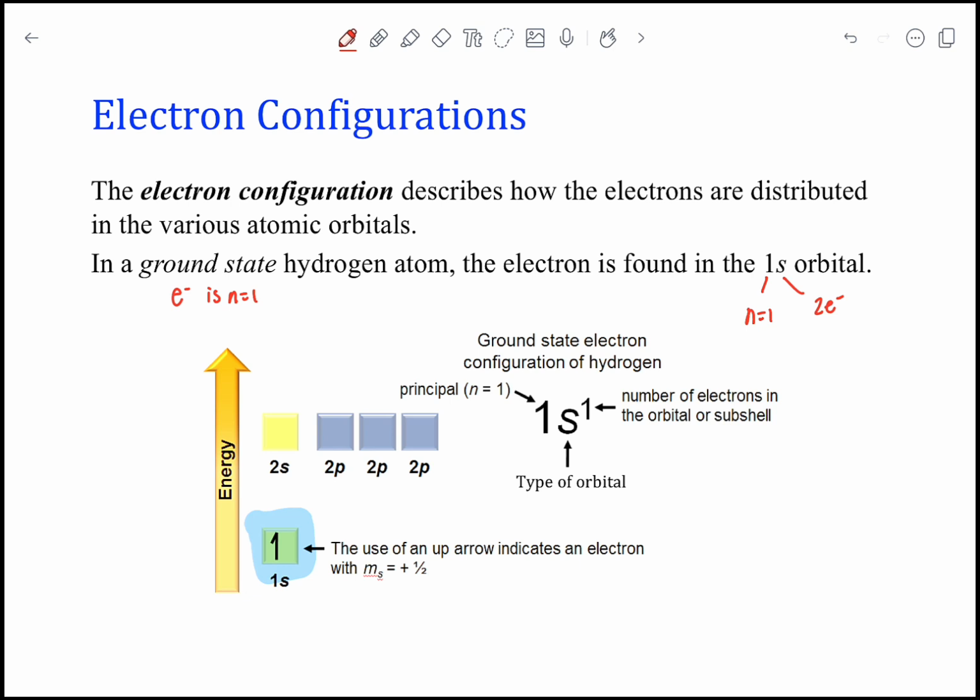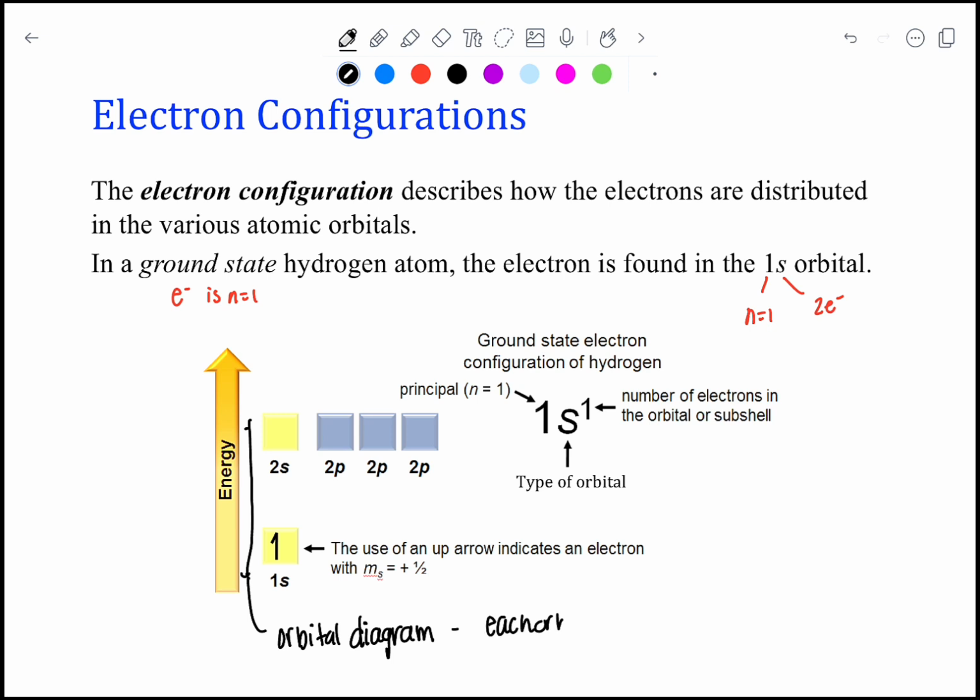So what I have here is a version of an orbital diagram, where we show each orbital as a box. I should say each orbital orientation as a box.